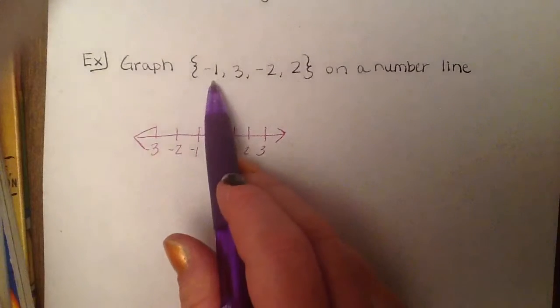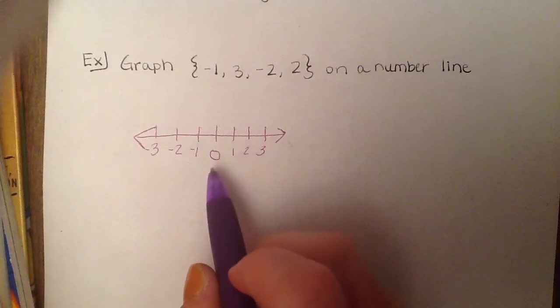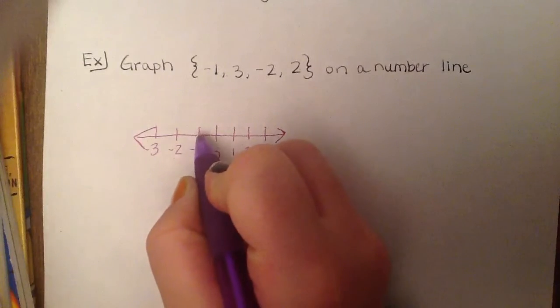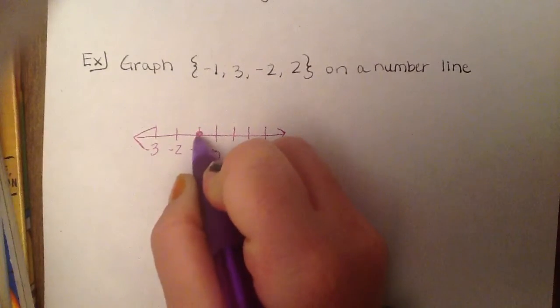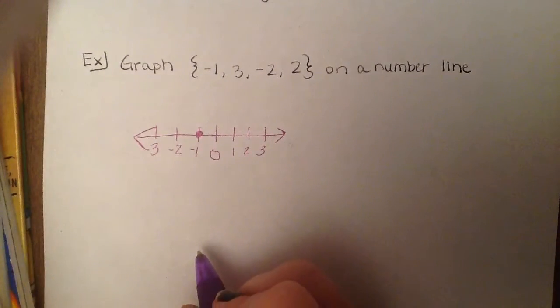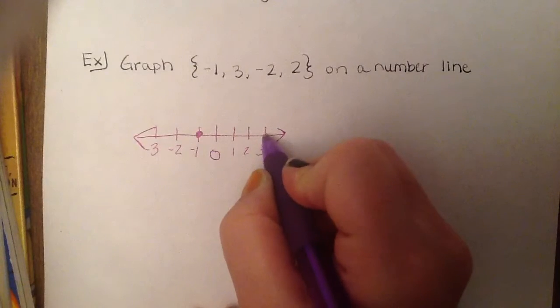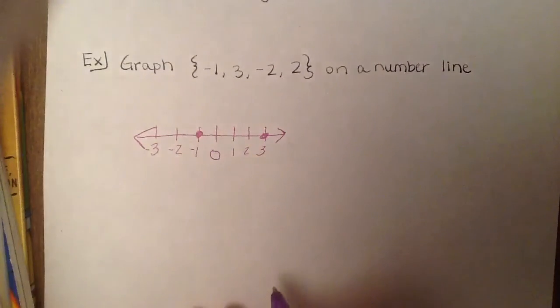Our first one asks us to find -1. This is pretty easy now that we have our number line numbered. There's -1. Next we need to graph which one? 3. So I find 3, graph 3. Graph those next 2 numbers on your own.